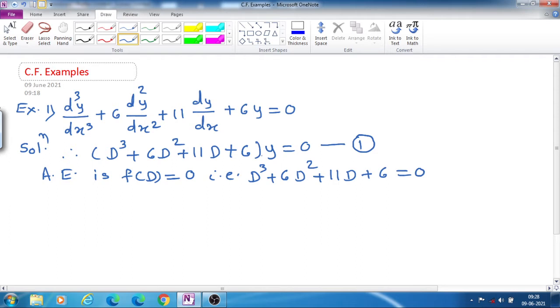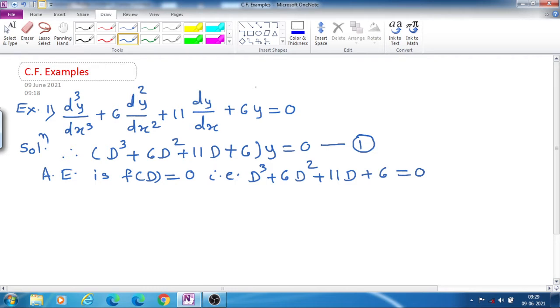So here we have to factorize this LHS. Now there are some shortcuts to find the factors.